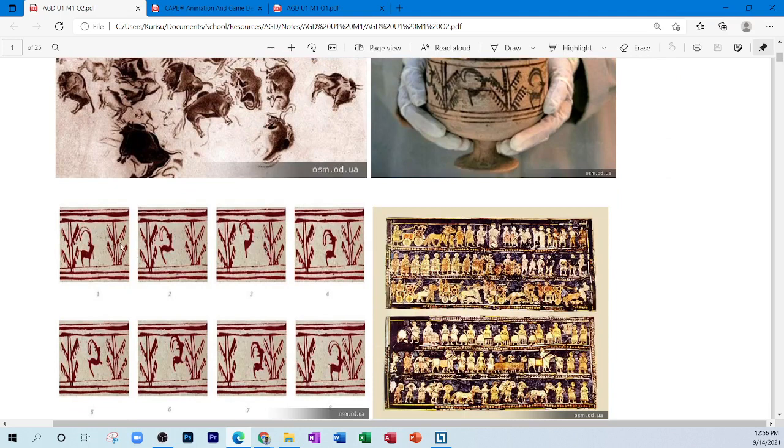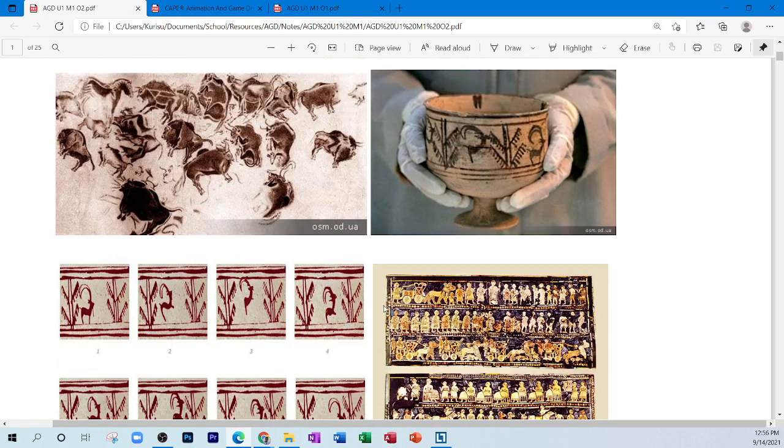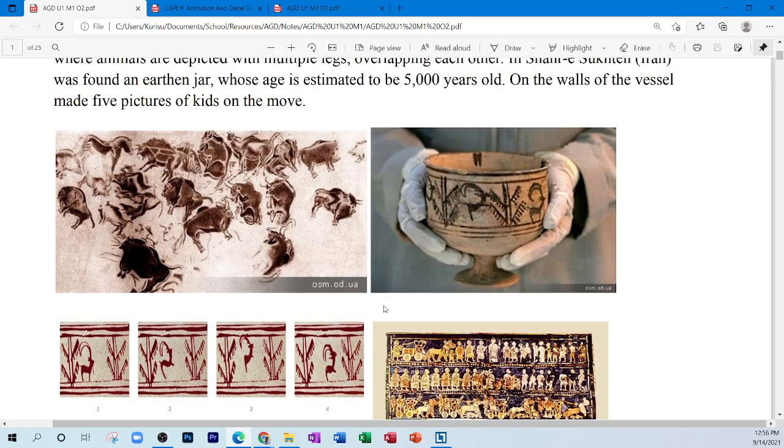Yes, it's one image after the other. It's showing movement between the images, but what are these images not doing? They're not in motion. That is exactly correct. They are not in motion.